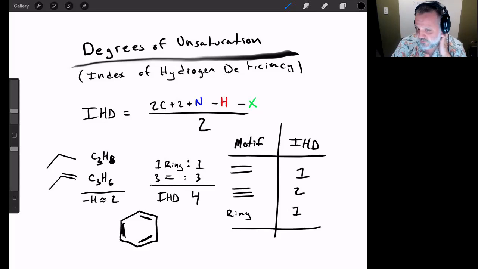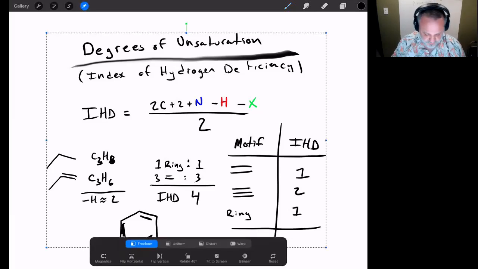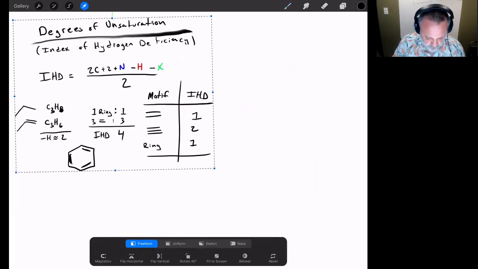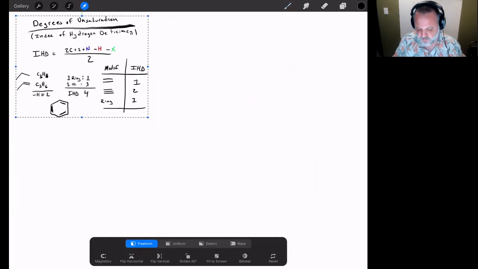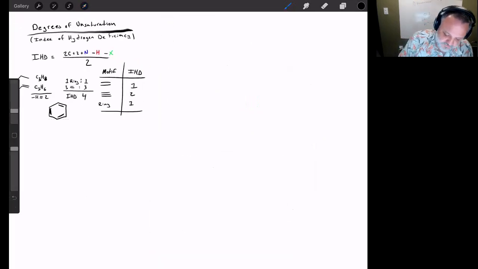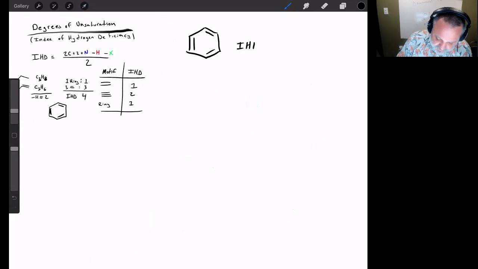So let's actually do the calculation, and I'll show you some examples here. So I'm going to put this off into the corner just so we can remember a little bit about what's going on here. And let's start off with benzene because we just had that example. And let's go ahead and calculate the IHD.